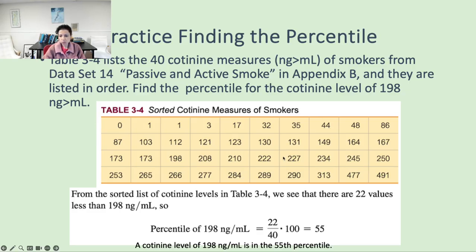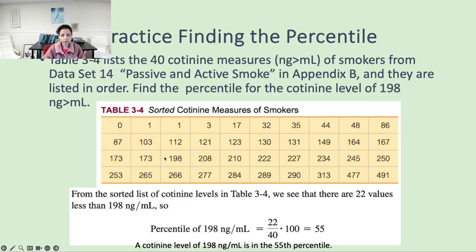These are the data values for the blood levels of nicotine. What we want to know is, for the level of nicotine that is 198 nanograms per milliliter, what percentile is that for the group?